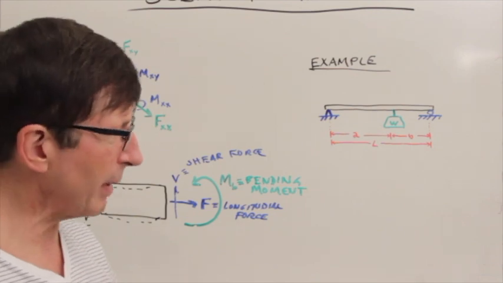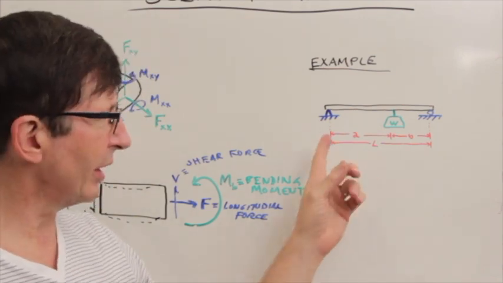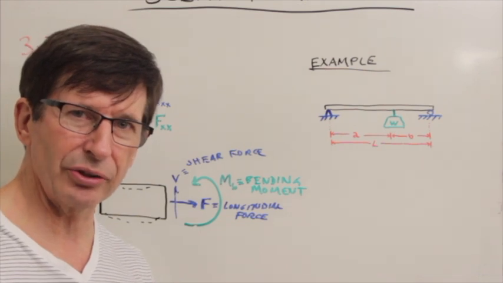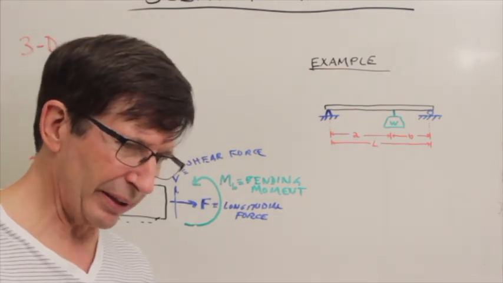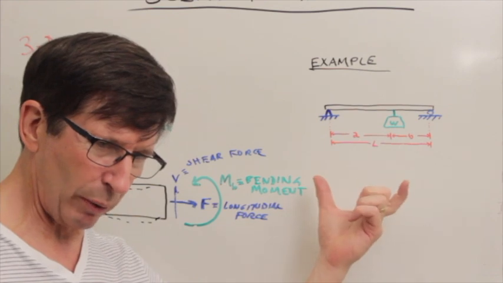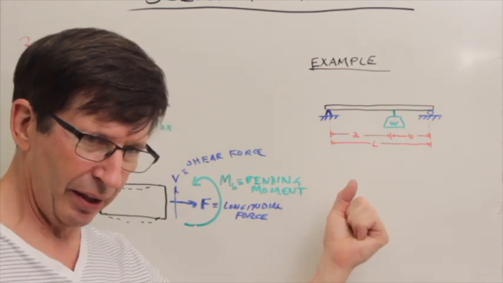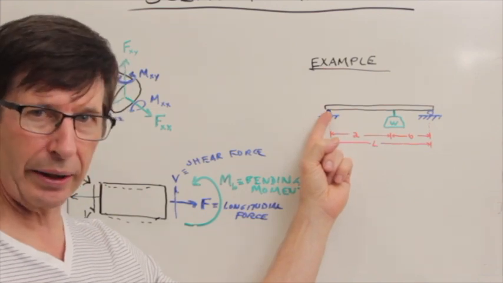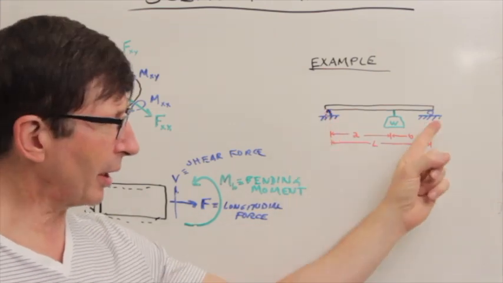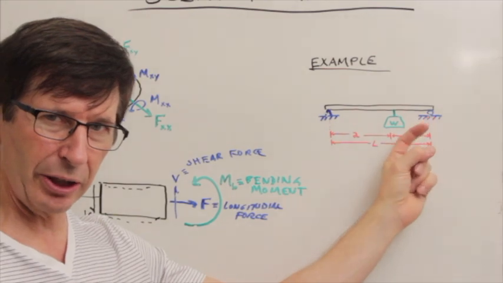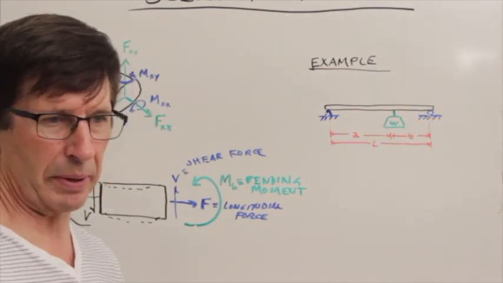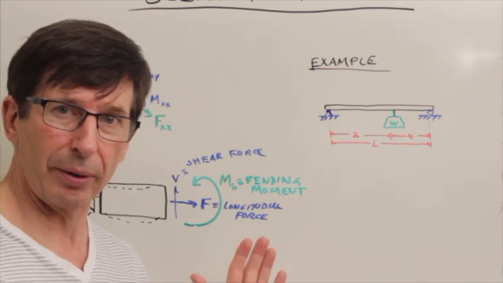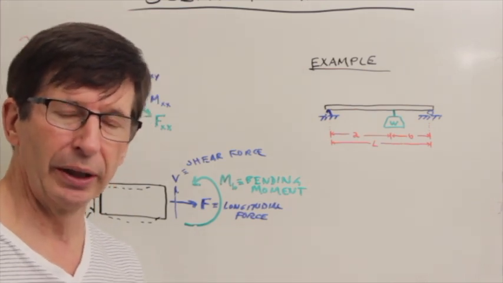Now sometimes you may see, for simple cases, that someone will have a pin at both sides. And if I pause for a minute and let you think about what that would mean physically, it would be saying, well, I'm not allowing any x or y displacement here. I'm not allowing any x and y displacement here. That would mean I'm not allowing any change in length for the beam or the slender member.